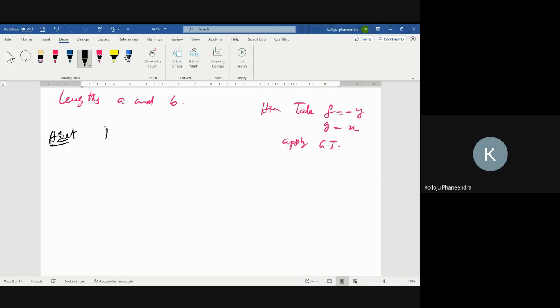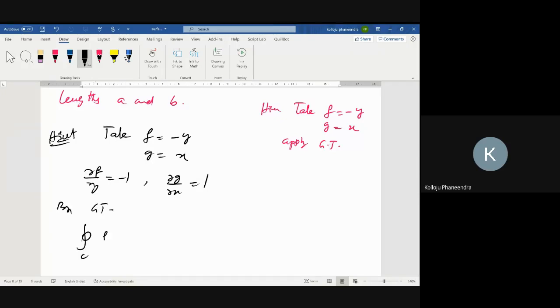Take f equal to minus y, g equal to x. Then dou f by dou y is minus 1, dou g by dou x is 1. By Green's theorem, what do we have? The integral over C of f dx plus g dy equals the double integral over R of dou g by dou x minus dou f by dou y, dx dy.